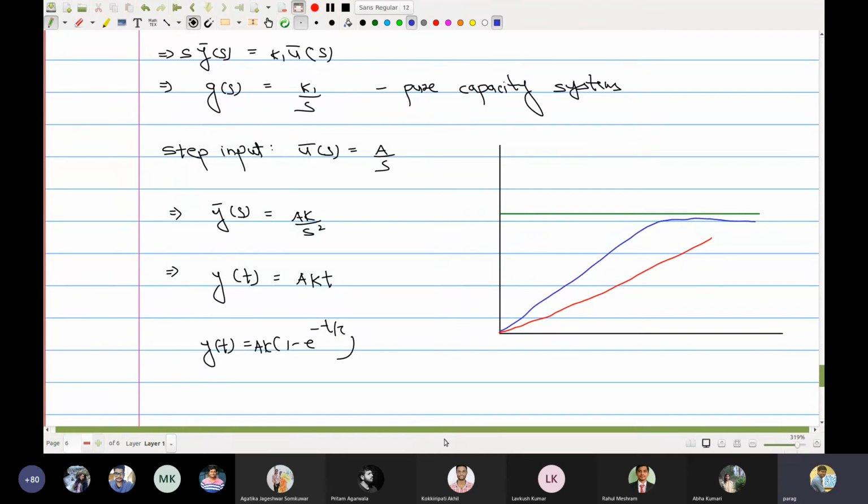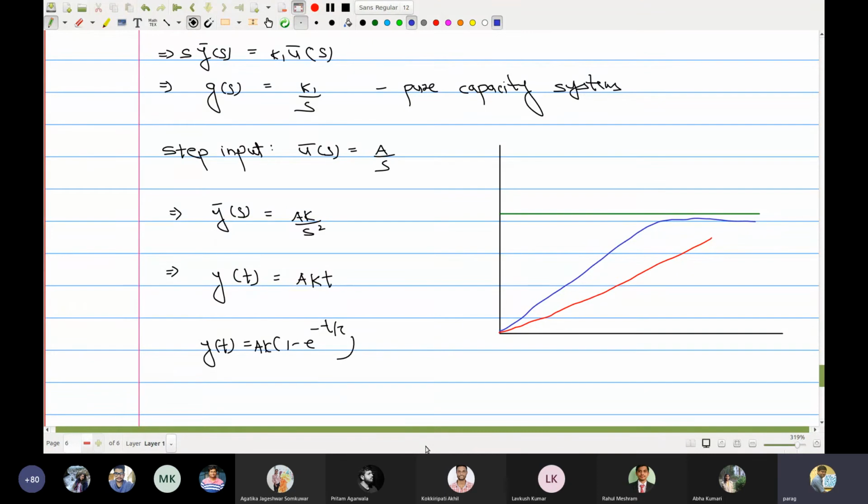So my output behavior has completely changed. Whereas I was expecting a saturating behavior, I no more have a saturating behavior in this particular case. Rather, I have a linear increase.